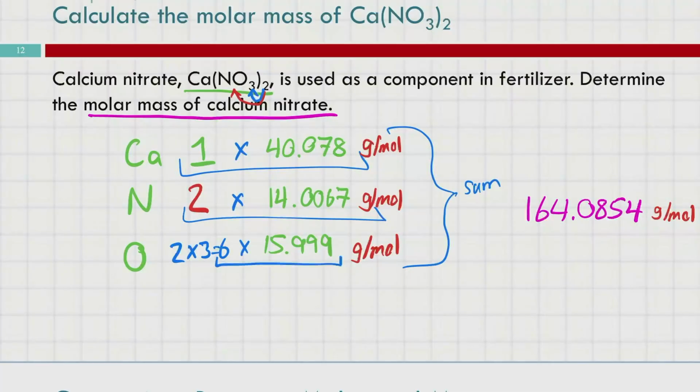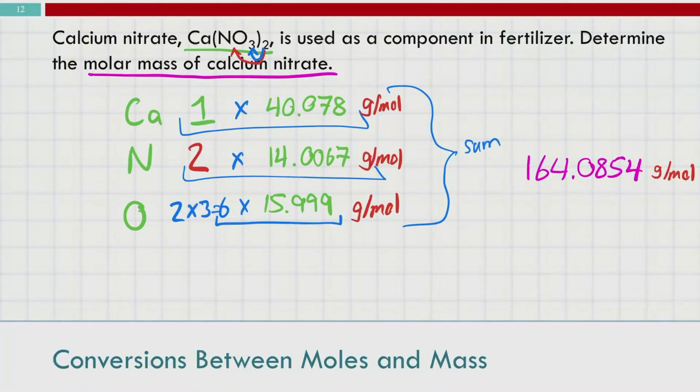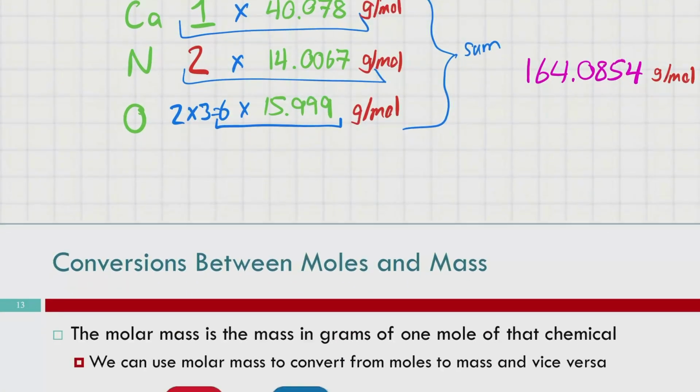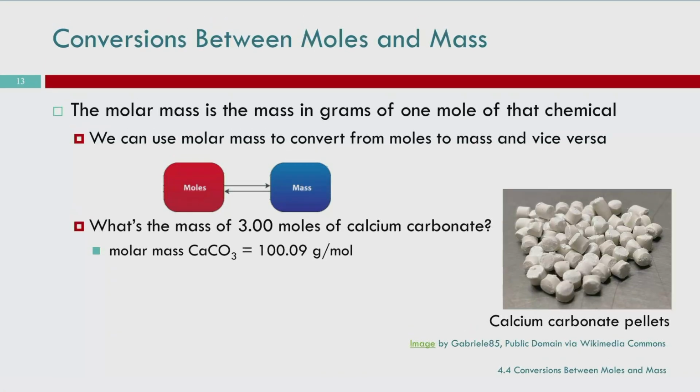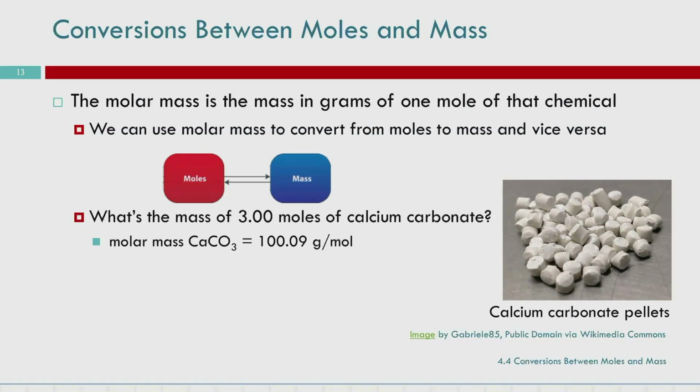Questions about the molar mass stuff? All right, if we want to do conversions between moles and mass, this is where we use molar mass. The molar mass is the mass of 1 mole. Molar mass has units of grams over moles. That means that it can be used to convert between those two units.